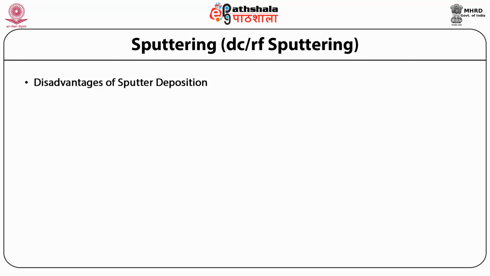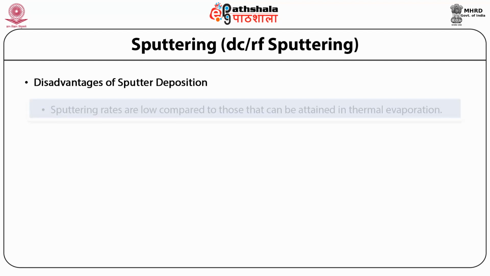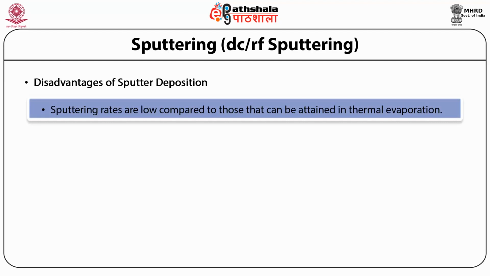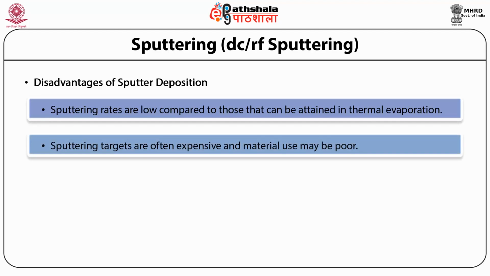Disadvantages of sputter deposition are: number 1, sputtering rates are low as compared to those that can be attained in thermal evaporation. Second, sputtering targets are often expensive and material use may be poor.